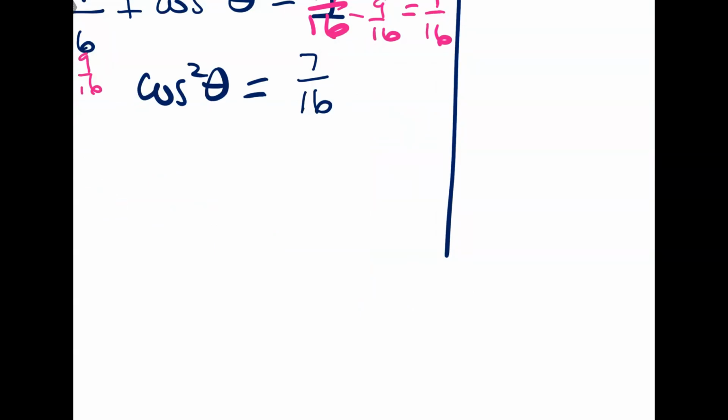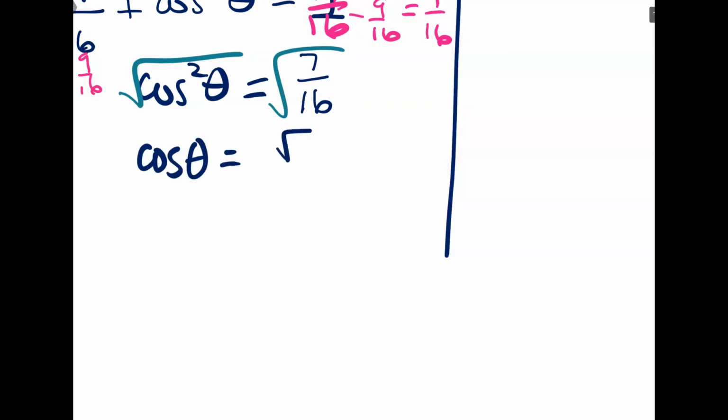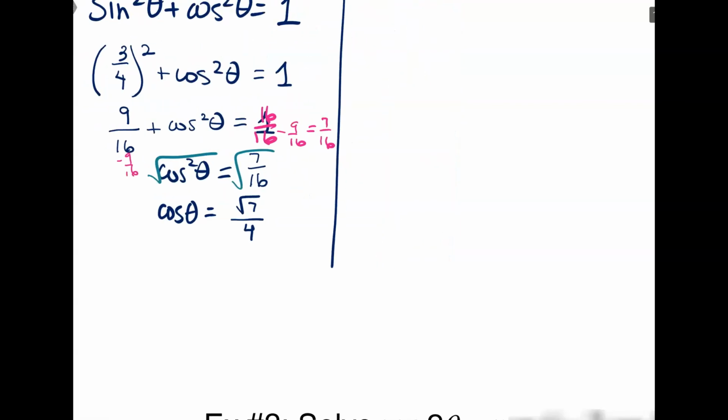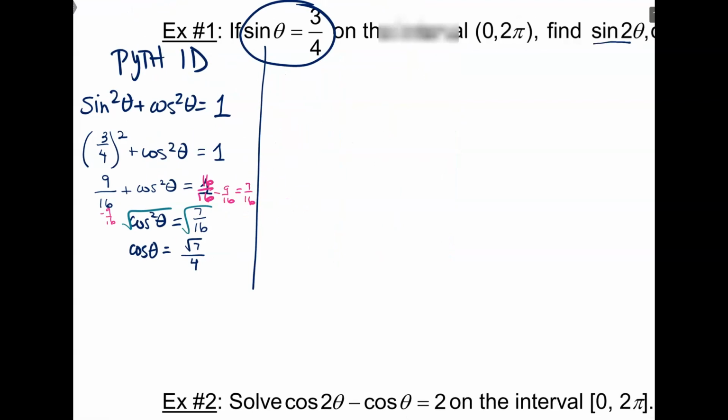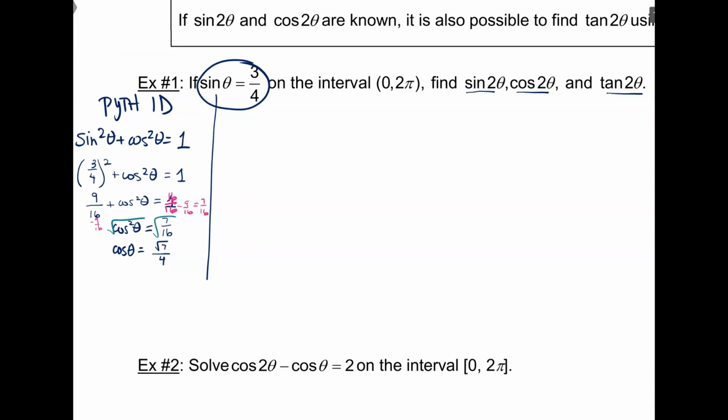I need to square root both sides. So I see that cosine of theta will be square root 7 over 4, plus or minus. How can I justify why we only need the plus?